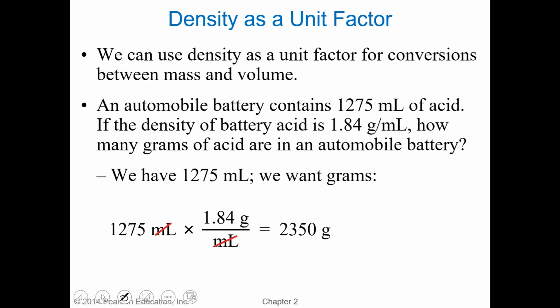Using it as a unit factor, here we go. Let's see how that works. An automobile battery contains 1,275 milliliters of acid. If the density of battery acid is 1.84 grams per mil, how many grams of acid are in an automobile battery? Well, this is our given. And this is our conversion factor. How do we know it's a conversion factor? It's got compound units.